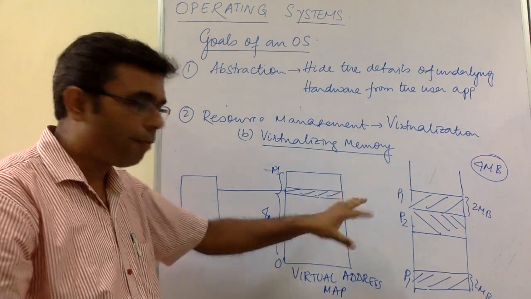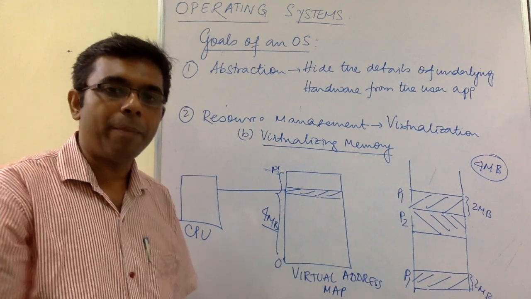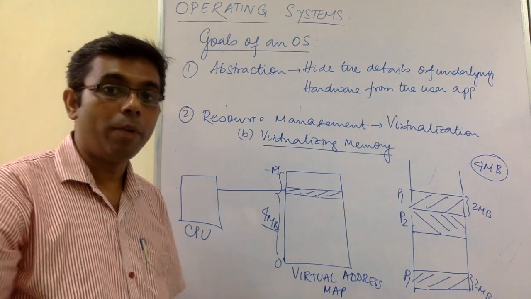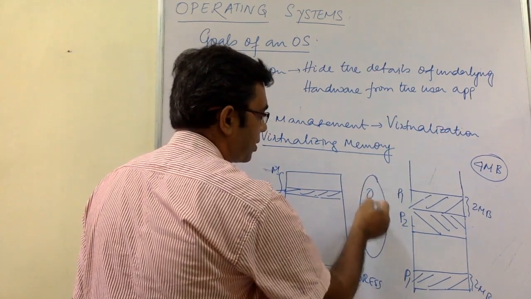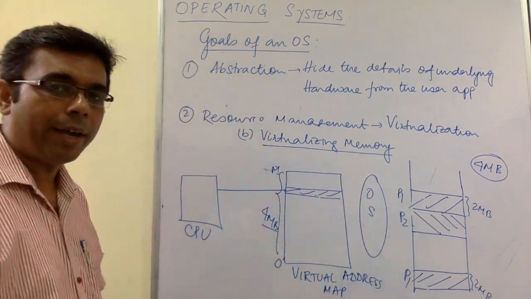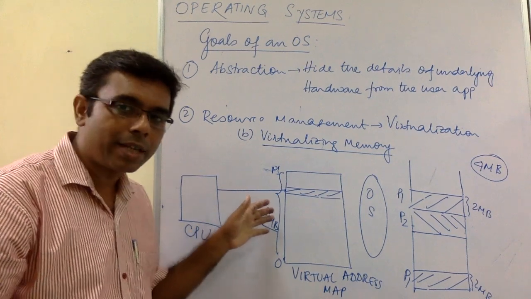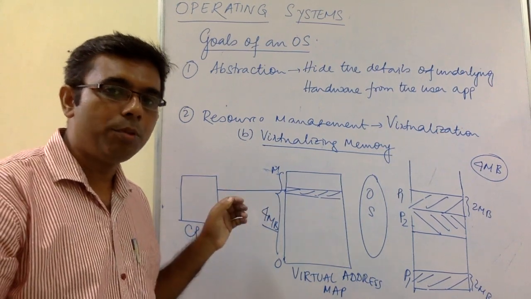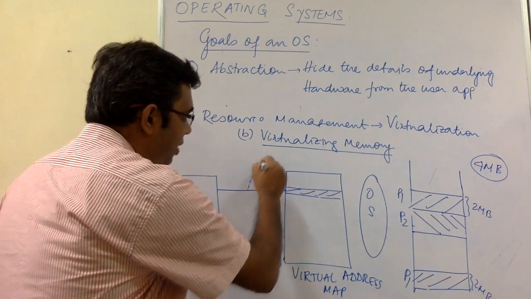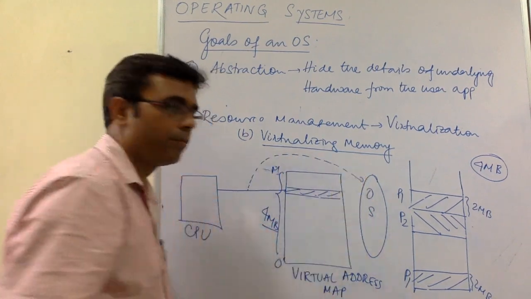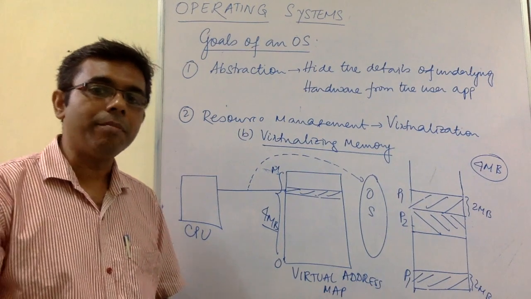But if you have two views, there must be some kind of a mapping between the two. Who maintains that? That is the role played by the operating system. For any addresses that are being generated by the CPU, keeping in mind a virtual address map, they are also sent to the OS, and the OS interprets them.